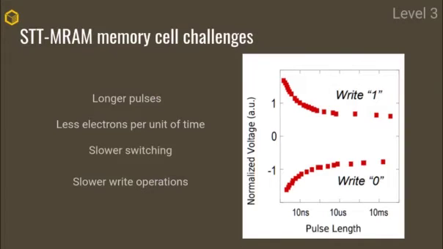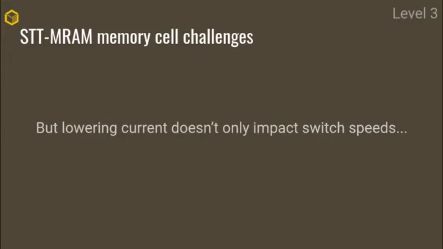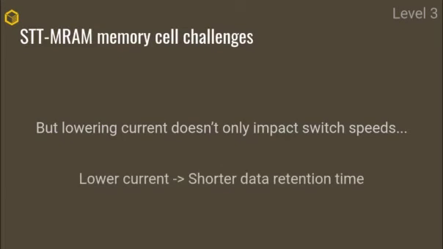So I can reduce the current I'm drawing, but then I would also reduce the maximum operating frequency by making the time I need for a write operation longer. That's okay, I know it's slower, but lowering the current does not only impact the switching speed, it also leads to shorter data retention.